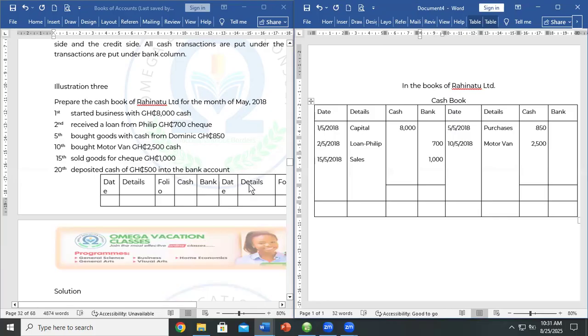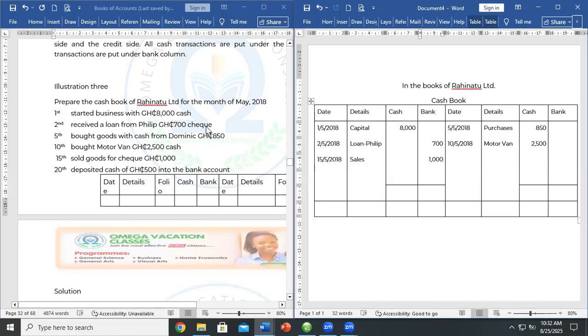Having said that, let me guide you by doing this. For the first May transaction, if you were doing your old ledger account, you would have debited cash, you credit capital. So the debit is what we have shown in our Cashbook, by debiting the cash account. Now, the second one, received the loan from Philip.